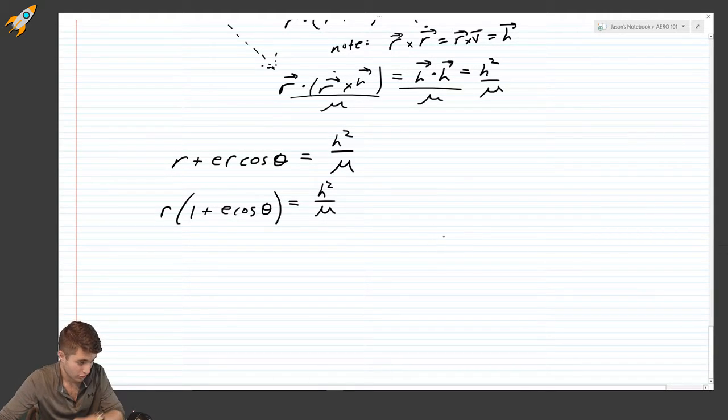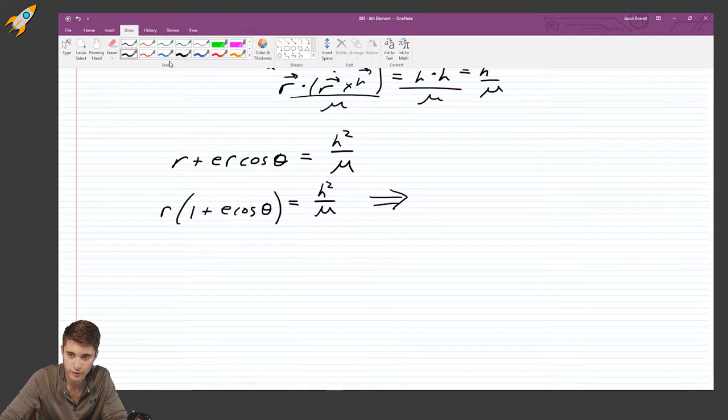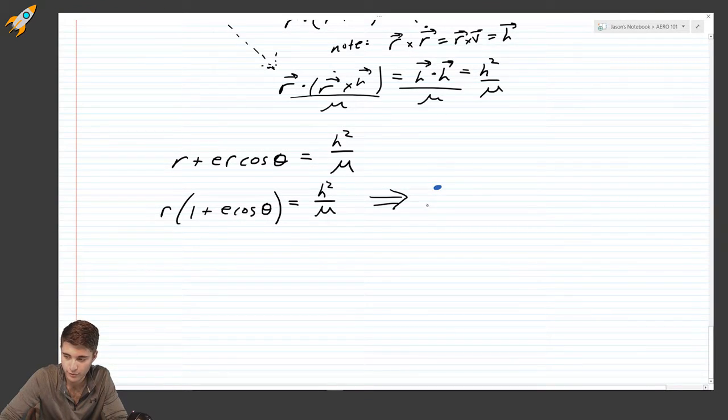Now, let's solve for r. It's all Euler's on the field. Yeah, you bet. Therefore, the magnitude of your position, r, is equal to h squared over mu over 1 plus e cosine of theta.